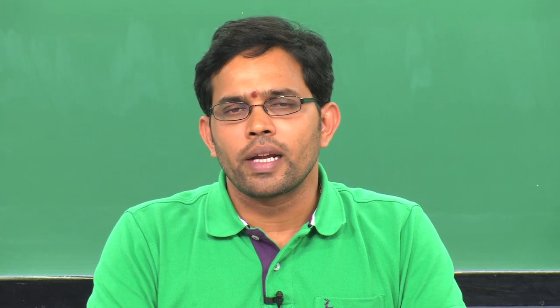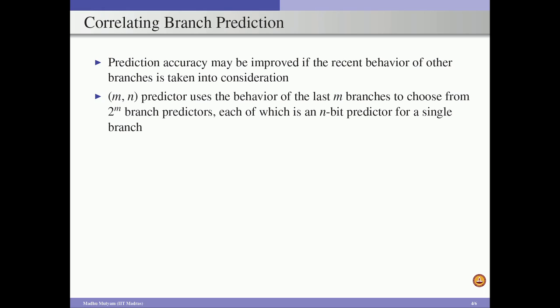So, for that we can come up with a 2-level predictor which is represented as an (m,n) predictor, and which uses the behavior of the last m branches to choose from 2 power m branch predictors, and each of these branch predictors is an n-bit predictor for a single branch. When we consider the outcome of the last m branches, we get m bits of information because each branch outcome is either taken or not taken, which is like a 0 or 1.